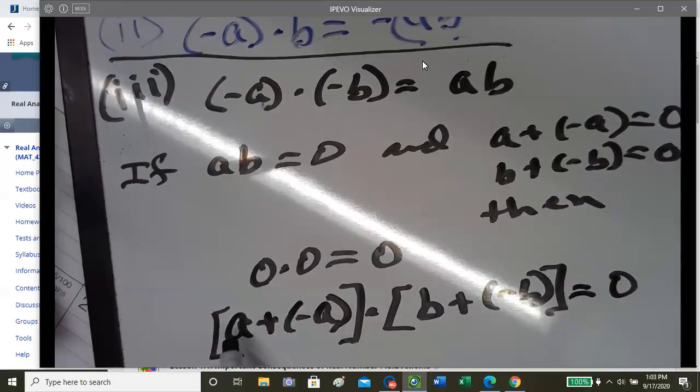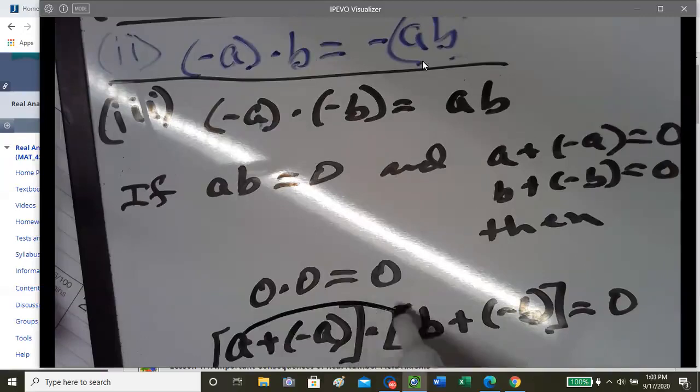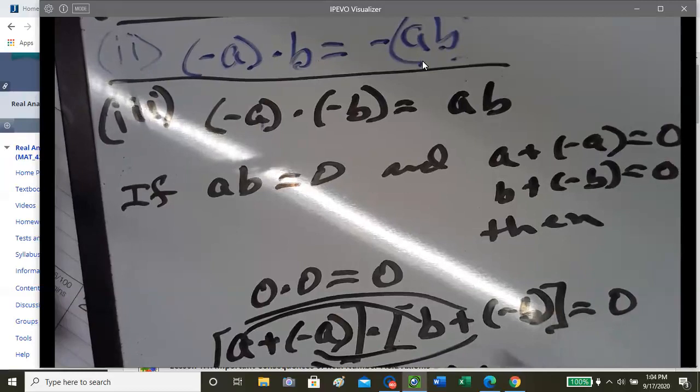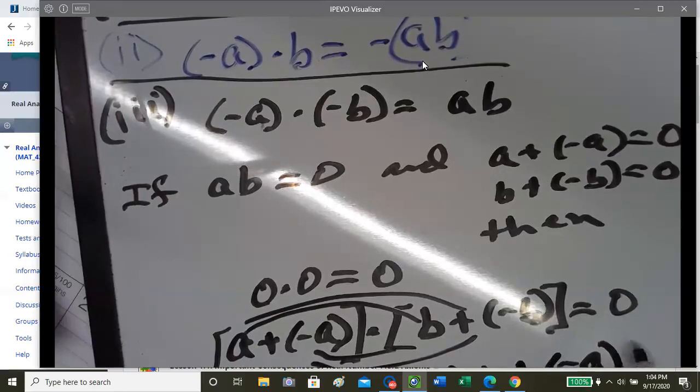So if we were to use the distributive property, we would have a times b is ab, and a times negative b, that would be plus a times the negative b, and this would be plus a negative a times b, and then this would be plus negative a times the negative b, and that all equals 0.